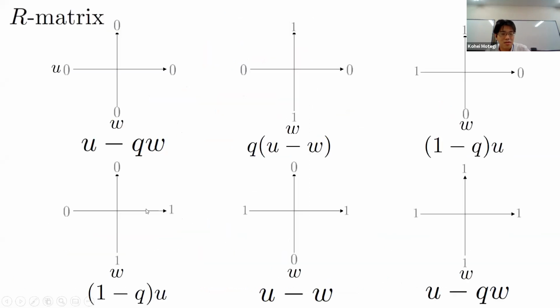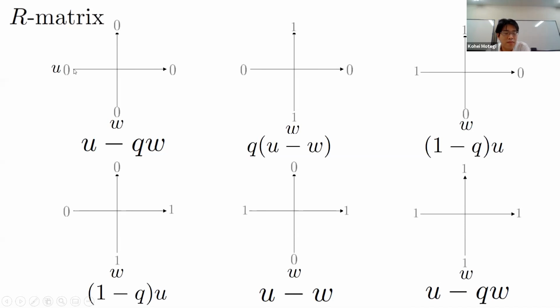Let's recall what the R matrix is. It's something like this. These are the local Boltzmann weights, and I think most people know about this, so I won't explain in detail. But I want to remark that you can interpret that each line carries some spectral parameter.